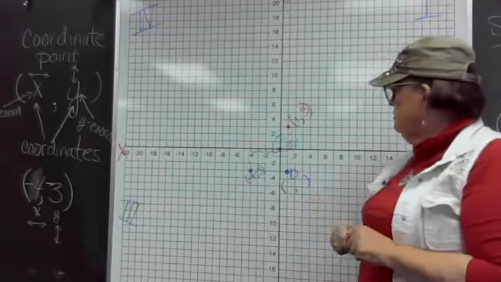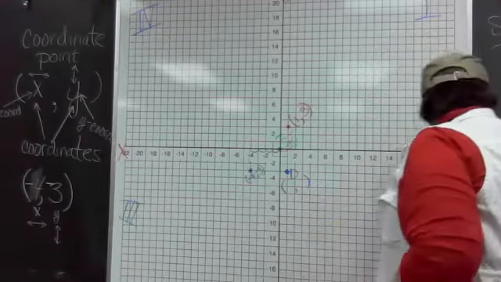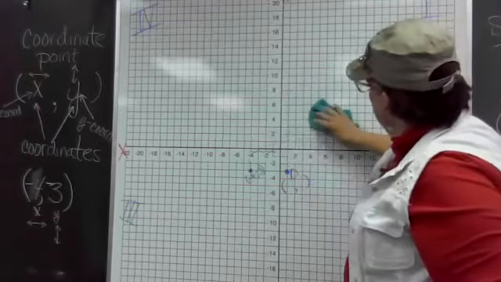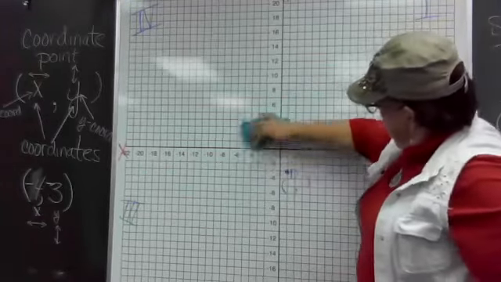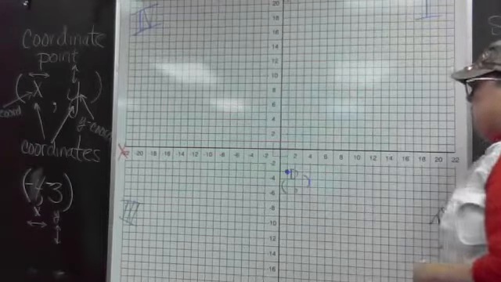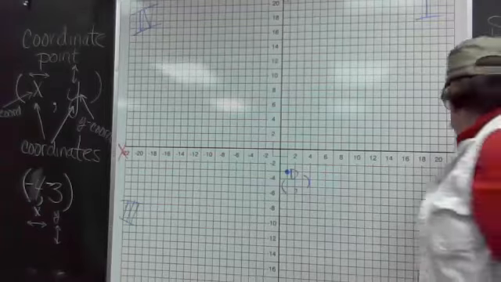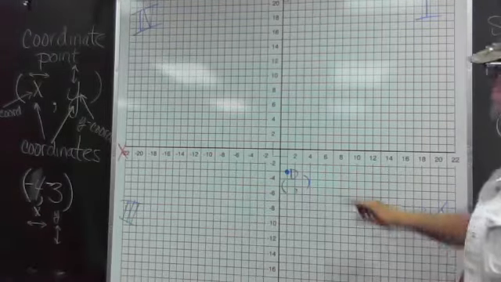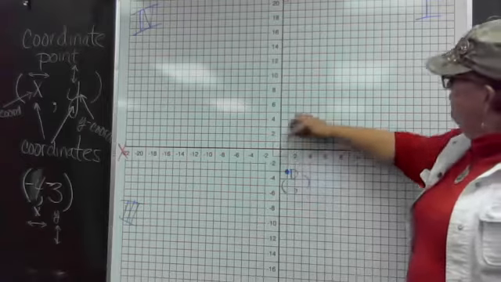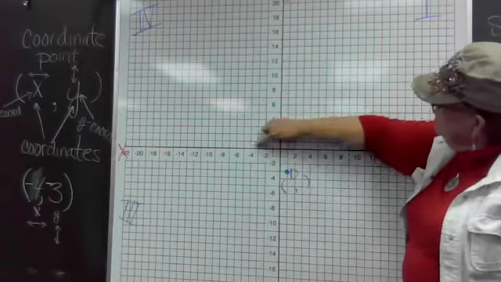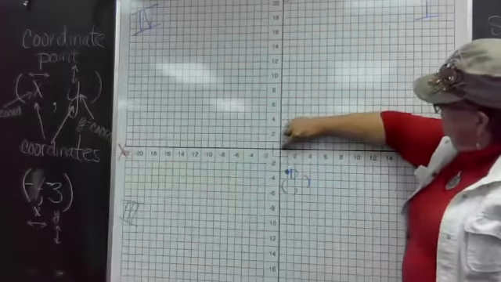The way that you do this, we always start at the origin and move horizontally, move to the right and left. Okay? So if I start at the origin, if I want to go to this house, how far do I need to move left or right?